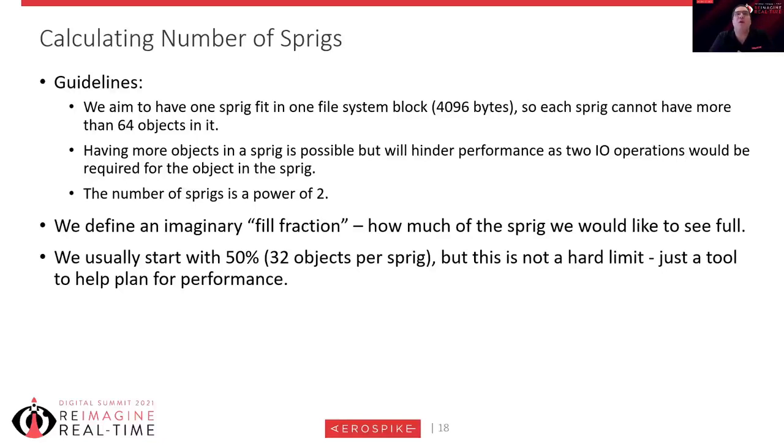We don't actually indicate it anywhere, but it will give us the ability to understand how full our sprigs are. In terms of what we usually do, we usually use a 50% fill fraction, or 32 objects per sprig. But if we are talking about an append-only system or systems that are not updating as much, that number can be much higher. We'll be able to add more objects to that sprig without any issues at all.